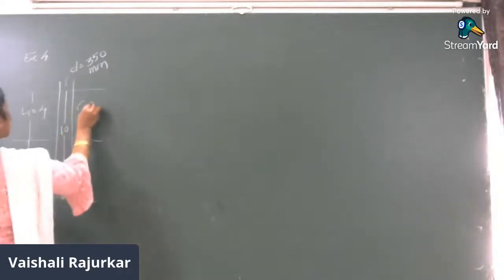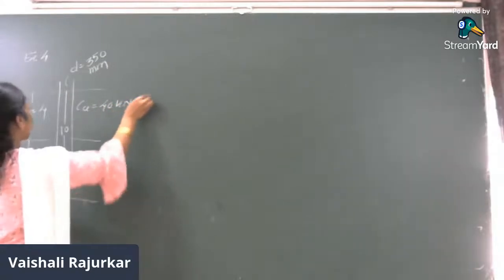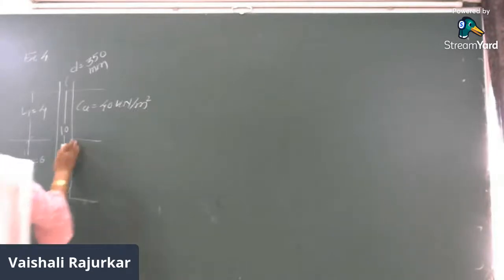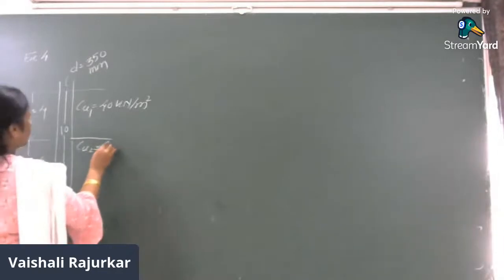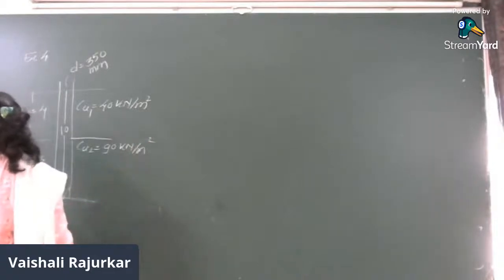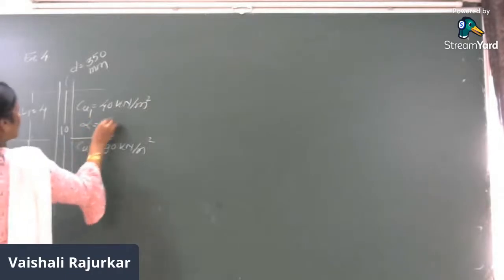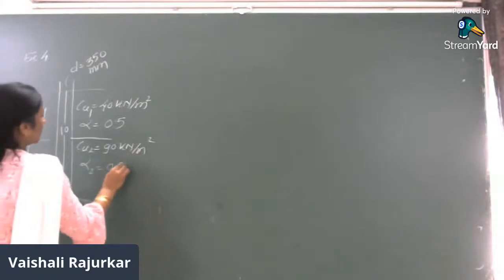Cu for the first layer is given as 40 kilonewton per meter square. And for the bottom layer, Cu2 is given as 90 kilonewton per meter square. The adhesion factor alpha 1 is taken as 0.5, where alpha 2 is taken as 0.8.